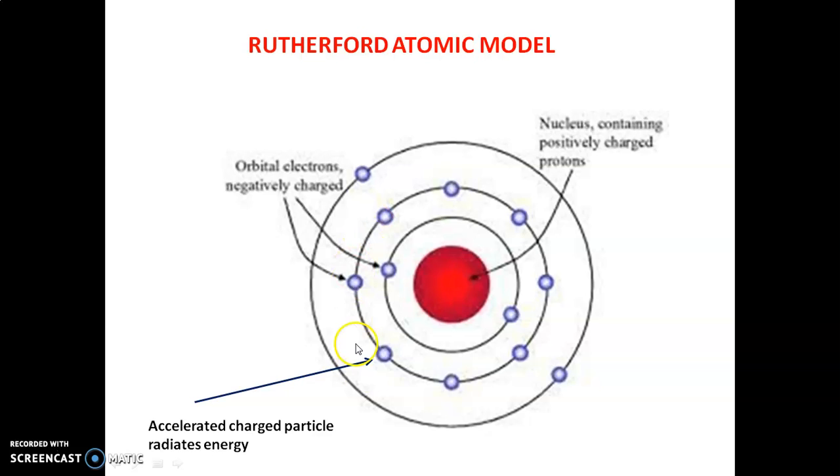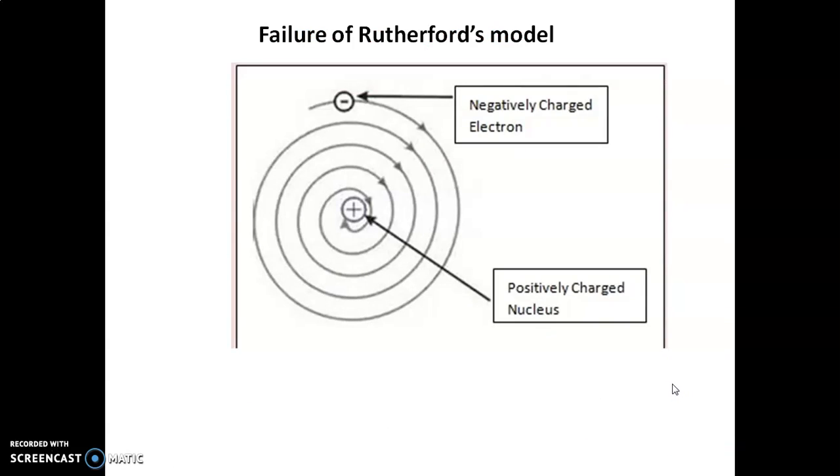Any particle or body moving in a circular path has a constant acceleration, so it's an accelerated charge, and so it will radiate energy. Let's see what was the consequence of this. The consequence was that if it radiates energy, this electron slowly loses its energy.